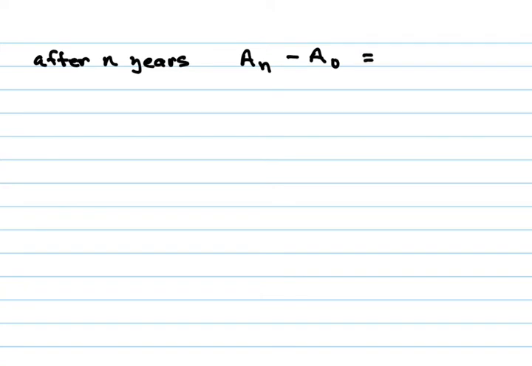And what's left is the amount of interest that you've earned. Remember, capital I is always the amount of interest. Little i is the interest as a decimal.